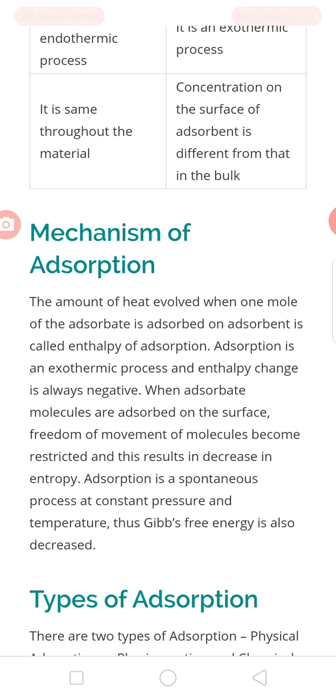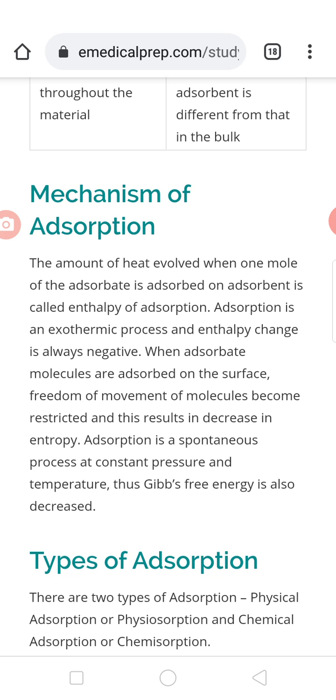With increase of temperature it decreases, and when molecules adsorb on the surface their movement is almost stopped or very restricted, यानी बहुत कम हो जाती है उनके मोमेंट. एड्जॉर्प्शन जो है एक कुदरती अमल है और ये मुस्तकिल प्रेशर पे और मुस्तकिल टेम्परेचर पे होते हैं और इसके नतीजे में गिब्स फ्री एनर्जी कम हो जाती है. Gibbs free energy also decreases.